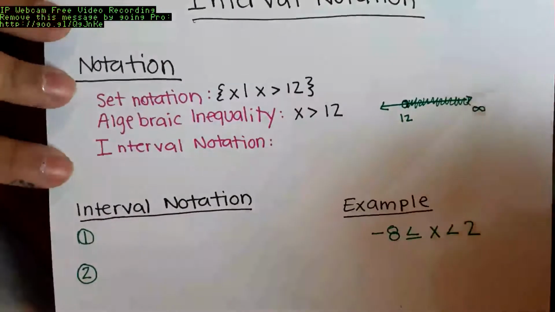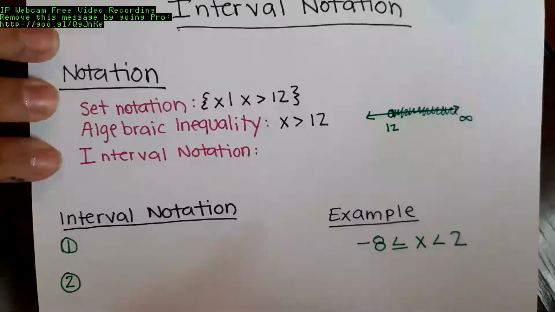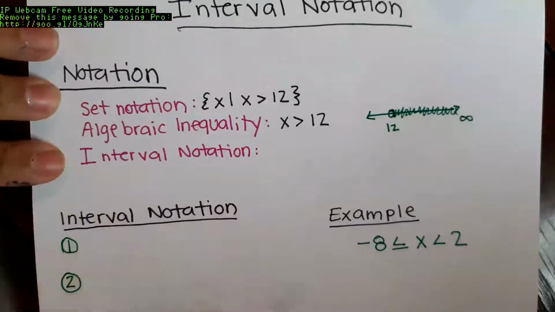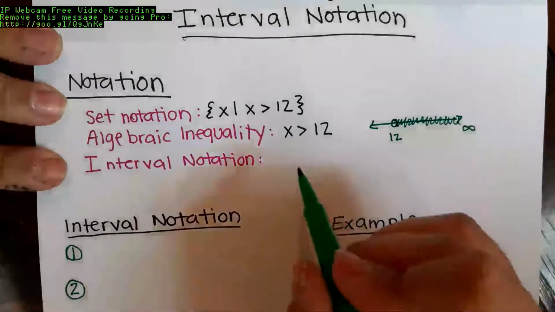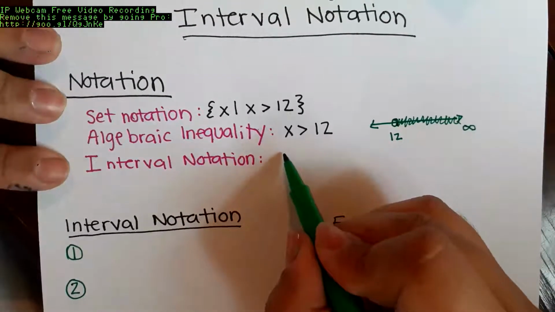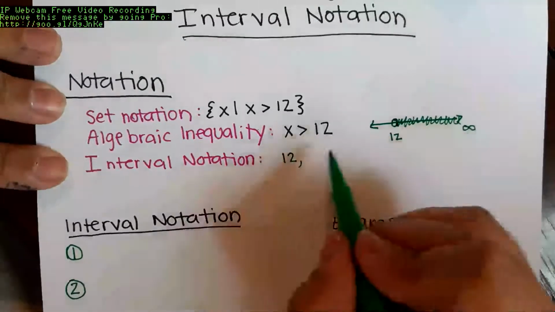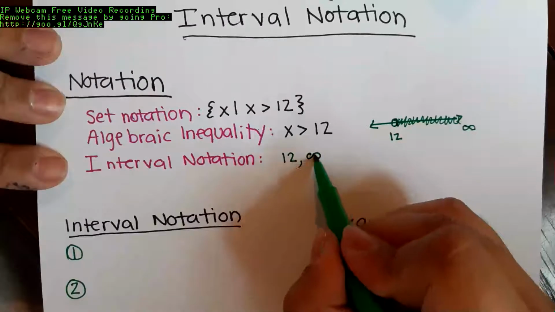So keep in mind that infinity isn't a set number, okay? So that's going to be important in our interval notation. So all I'm going to do is take the point where my graph starts, which is at 12, and where my graph ends, which is to infinity.